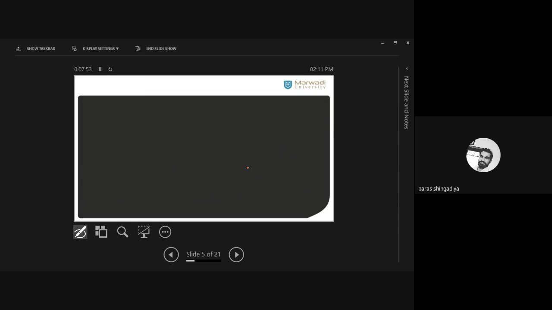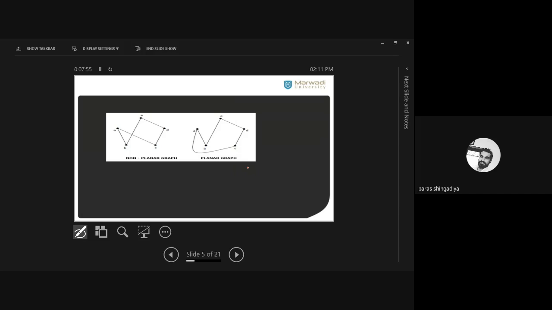So this part we had discussed in the last lecture. One of the examples is that in the first case there is a non-planar situation, but we can modify this graph as a planar situation. The second graph has a similar number of vertices and edges, but the first is non-planar and the second is planar.